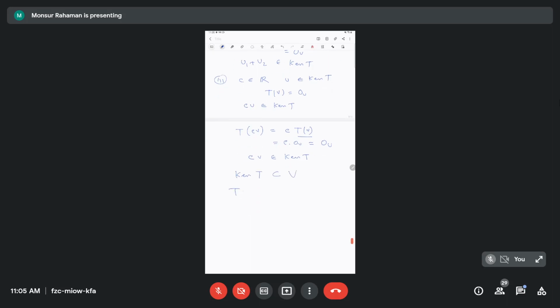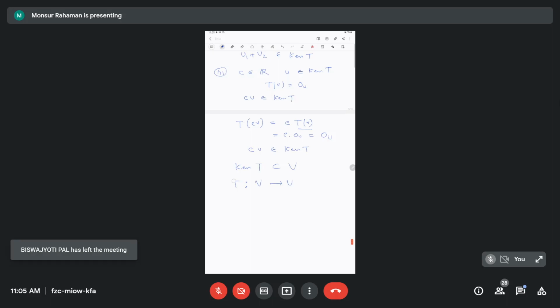It is a linear transformation from V to U. So if you imagine T as a matrix, if T is a linear transformation from R3 to R3, obviously T is a 3 by 3 matrix.